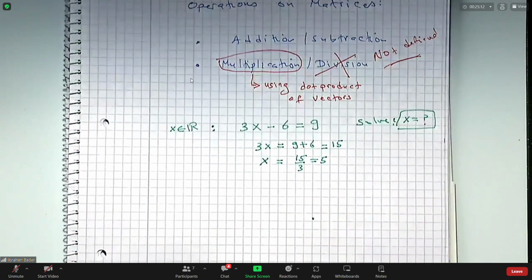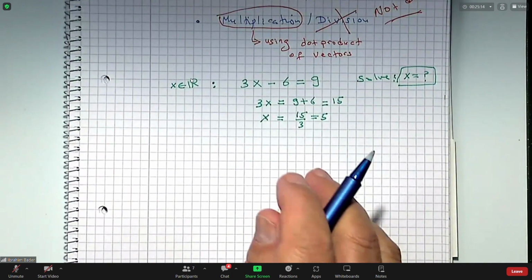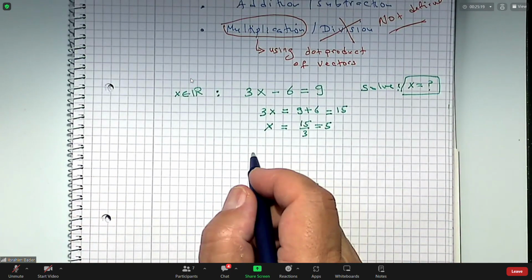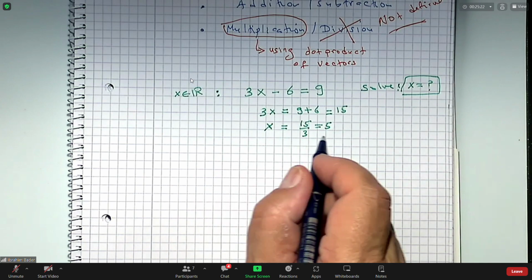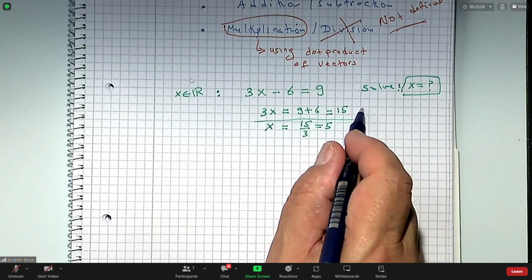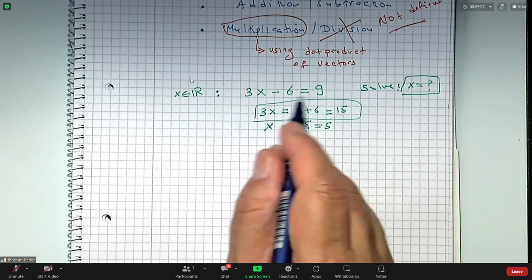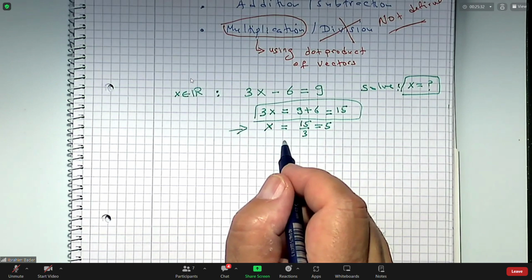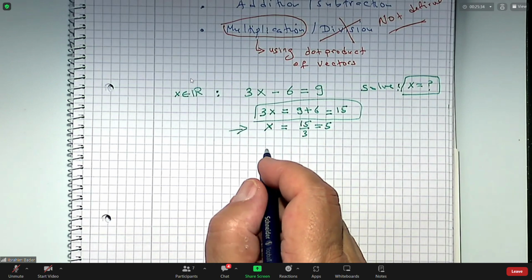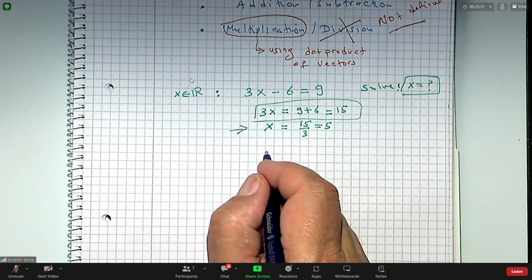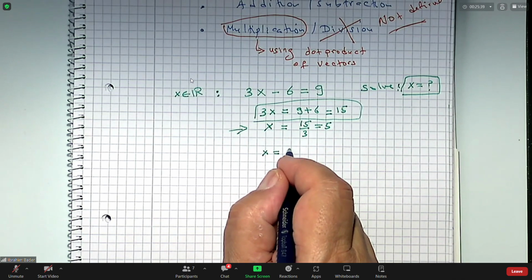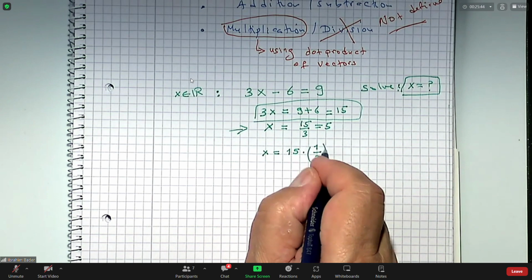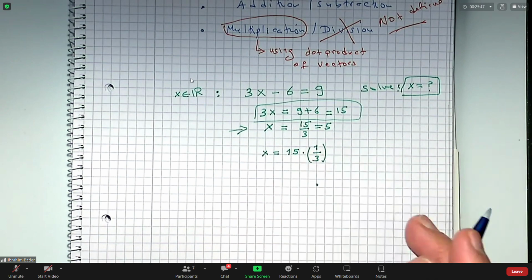Now, if we are talking about matrices, we don't have division of matrices. We can add and subtract, but for this step we don't have division. So what to do here? Notice that here we divided by 3, but division by 3 is simply multiplying by the reciprocal of 3, which is the inverse of 3 under multiplication.